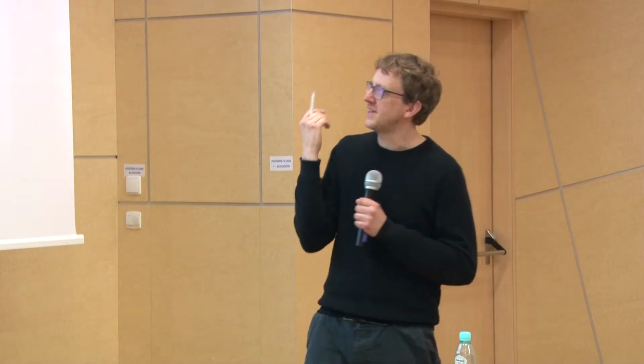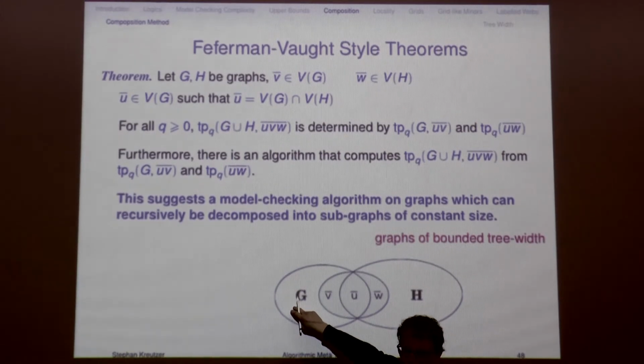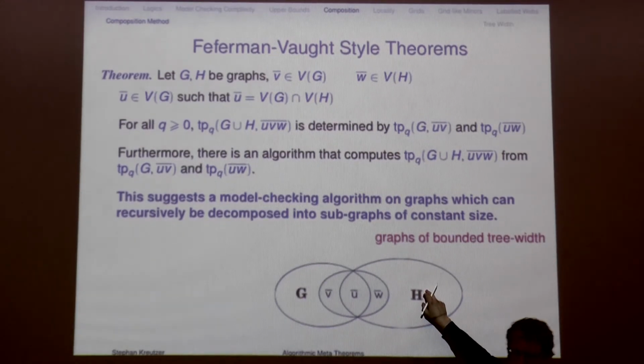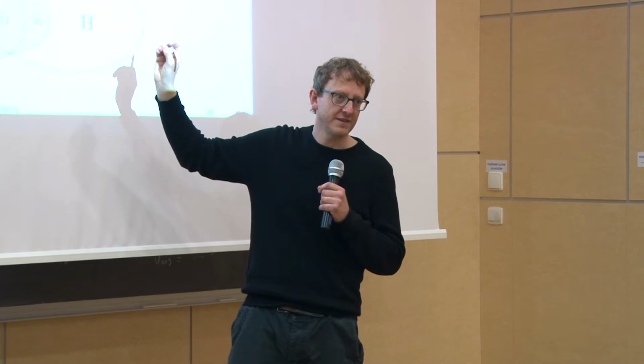Because it says you can even label some elements in G and some elements in H, and then your formula can ask specifically: is this vertex with a name A somehow related to this vertex with a name B? Yeah. It's just like saying I can look at the union of the graphs and label a constant number of elements by constant symbols. No, but that's what I say.